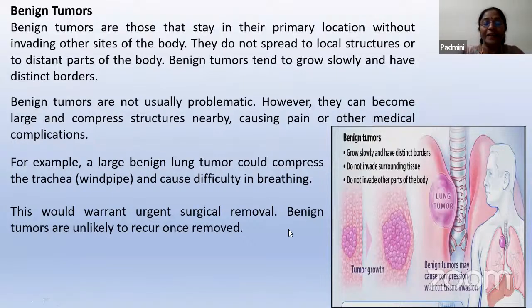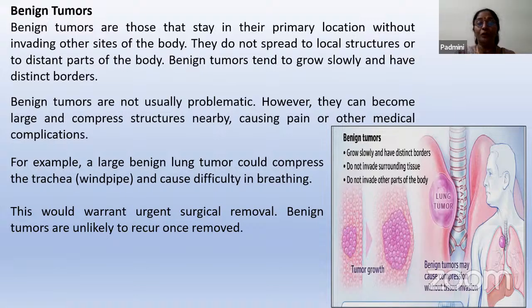Benign tumors are unlikely to recur once removed. Once it is removed, you won't have any more problems in the future, because the benign tumor is not going to grow back since you have completely removed those cells. That is why it's called a benign tumor. It is not at all a cancerous tumor, because we are not going to call it malignant. So simply you can remove it.